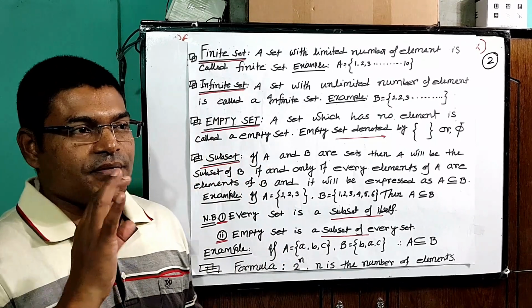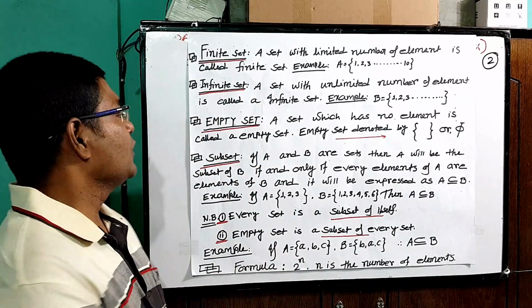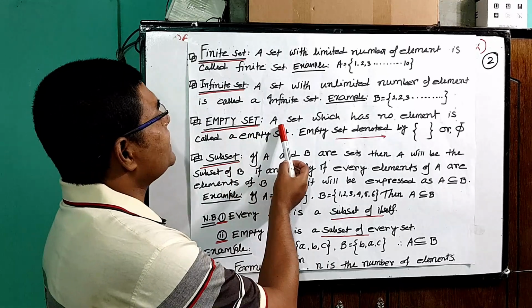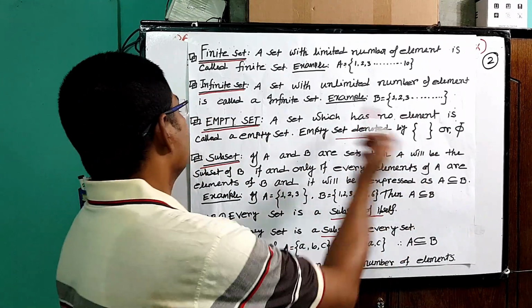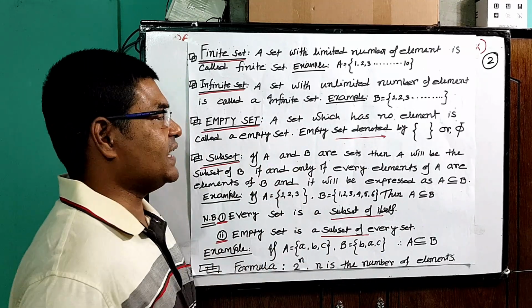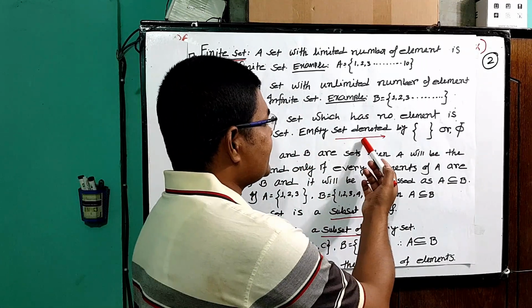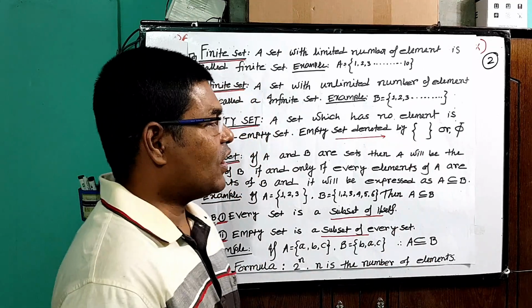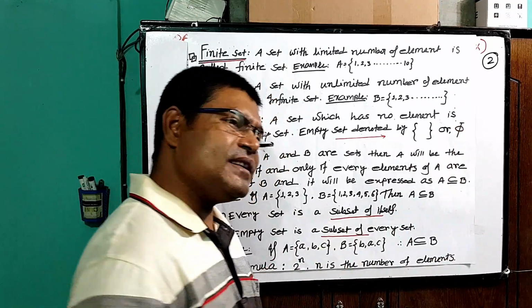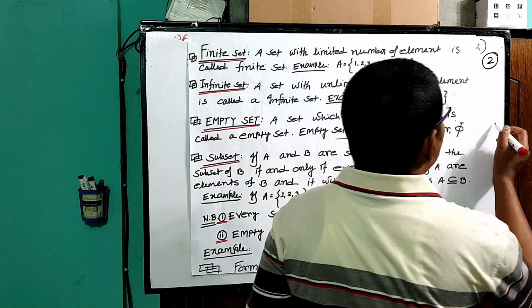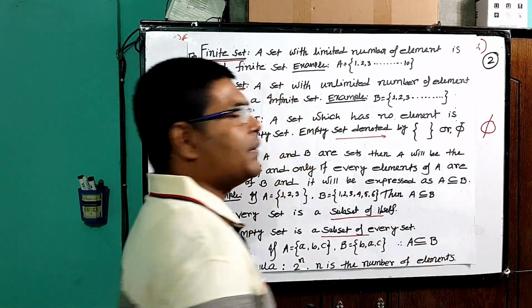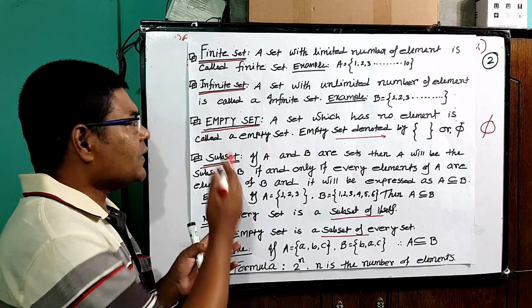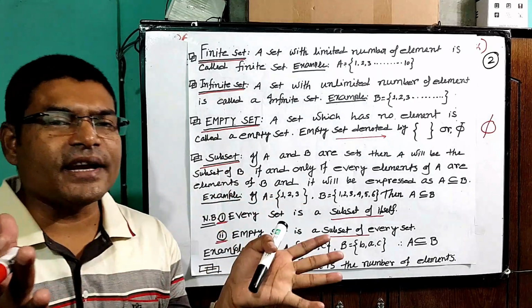Empty, that means blank. A set which has no element is called an empty set. The empty set is denoted by this symbol or this symbol. You can see this symbol in your book also. So be careful. Empty set means no element.